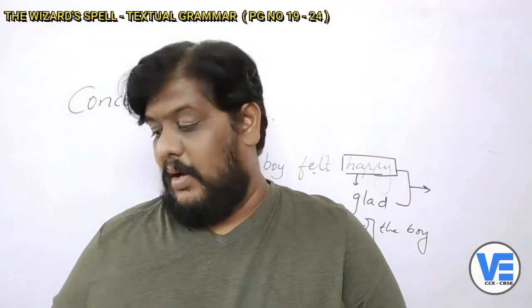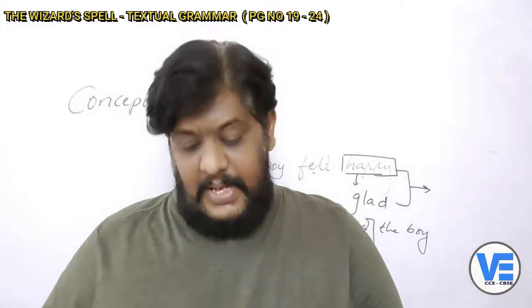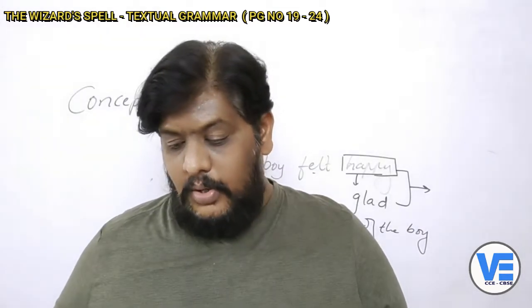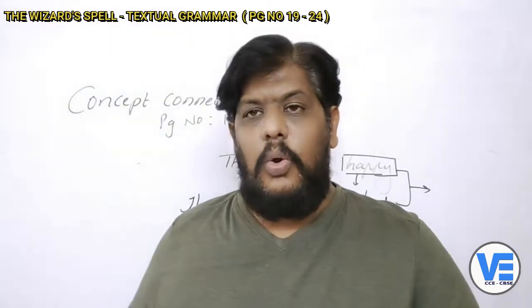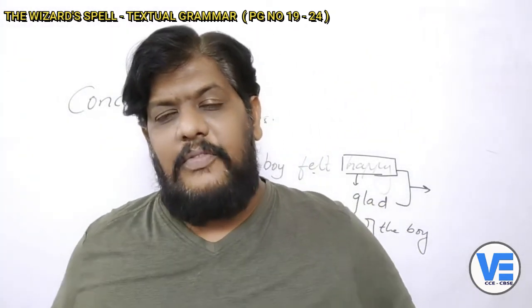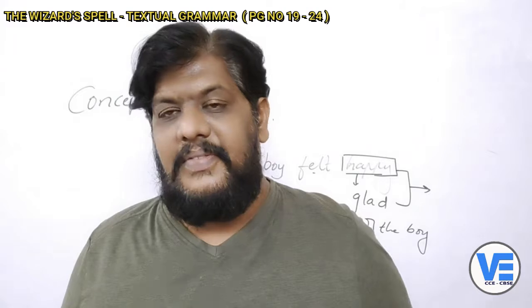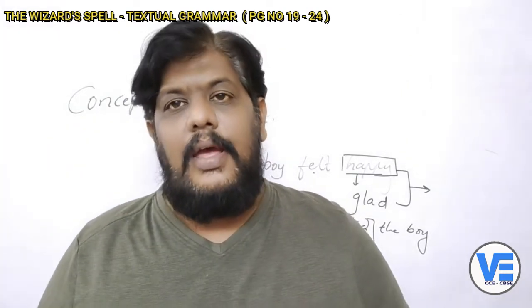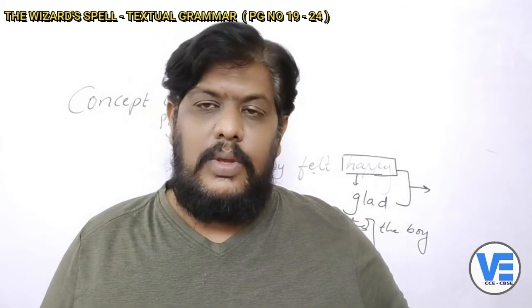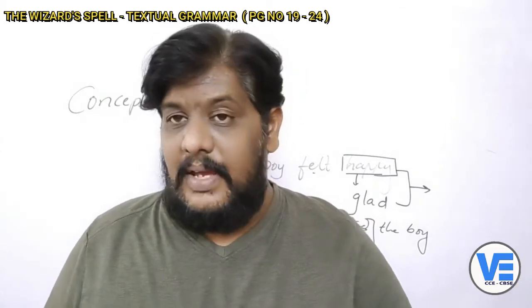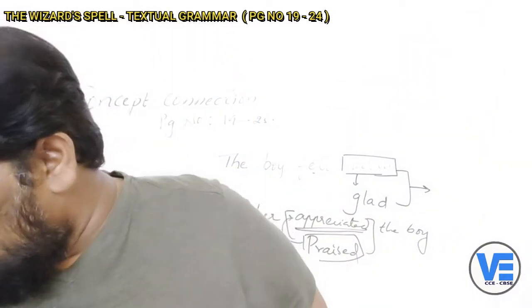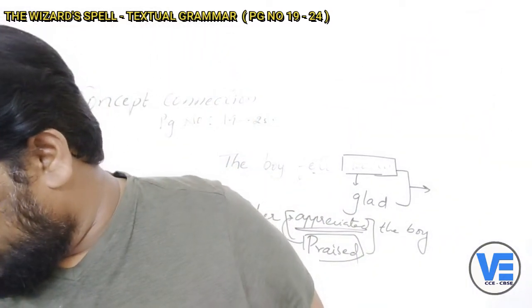Now coming to page number 20. Here you can do a small homework. Try to find some words from the first lesson and write their synonyms. Here we have seen around 5 or 6 synonyms, right? So go ahead with the first lesson.